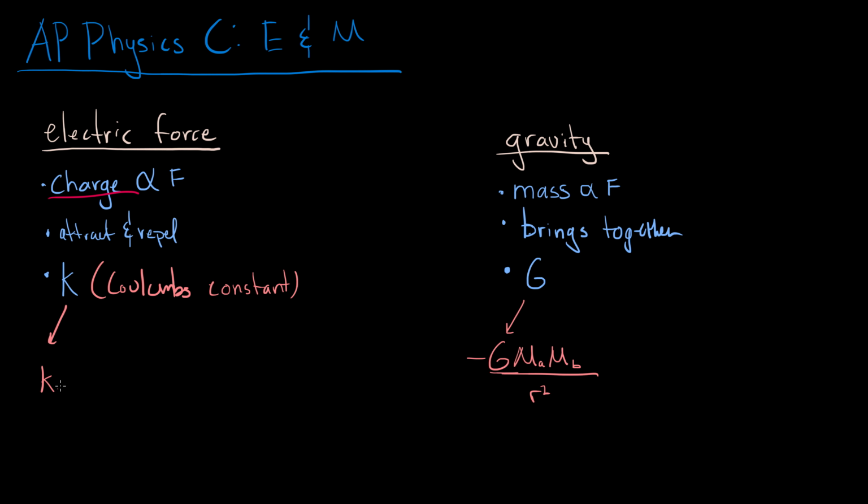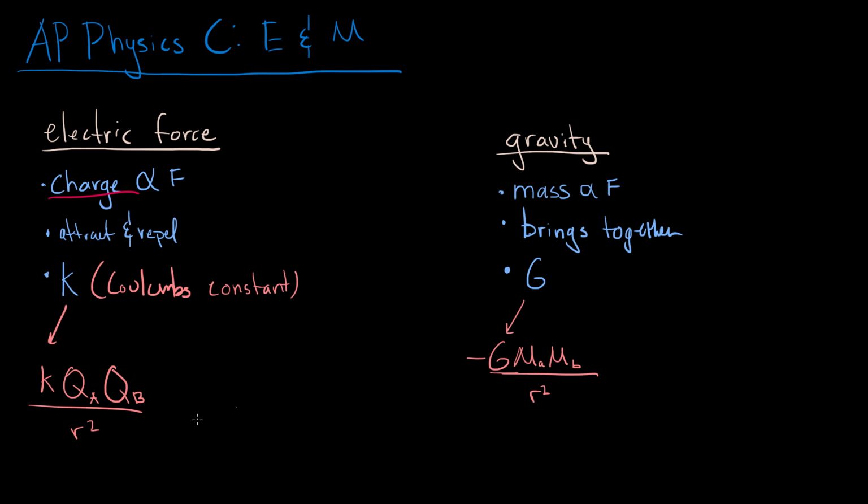But we have Coulomb's constant here, and we'll talk a bit more about Coulomb in a second. And then we're going to have the charge of the first object, right? And we usually denote charge by using a Q, just like we usually denote mass using an M, except Q is kind of weird. Maybe they should have chosen C, but C is already used to denote constants, so they had to choose something else. And then all over R squared.